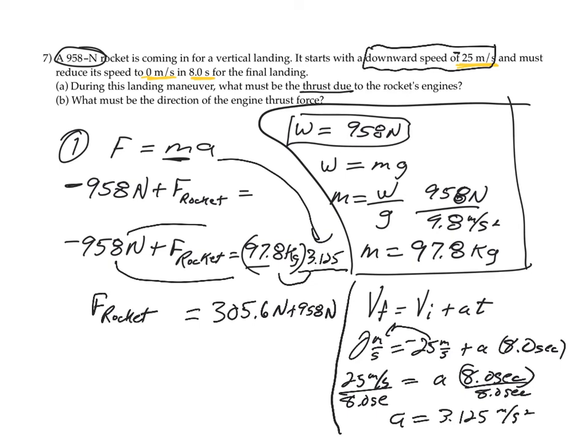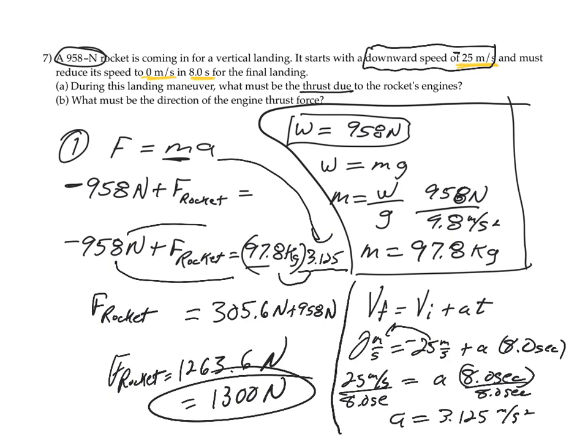So 305.6 plus 958 gives me about 1263.6 newtons. We could just round that up with sig figs to about 1300 newtons, give or take.